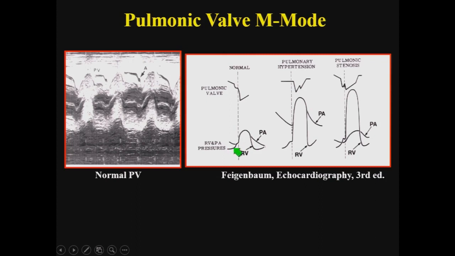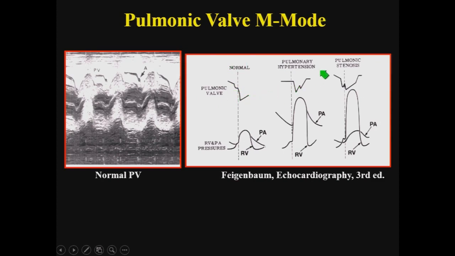And when the atrium contracts, the pulmonic valve is moving because the pressures are very close, one next to the other. On the other hand, if you have severe pulmonary hypertension, when the atrium contracts, this doesn't influence the motion of the pulmonic valve at all. And therefore, this is what you see in patients with severe pulmonary hypertension, and this is what you see normally. You see the atrial kick, and the valve doesn't have this characteristic motion.